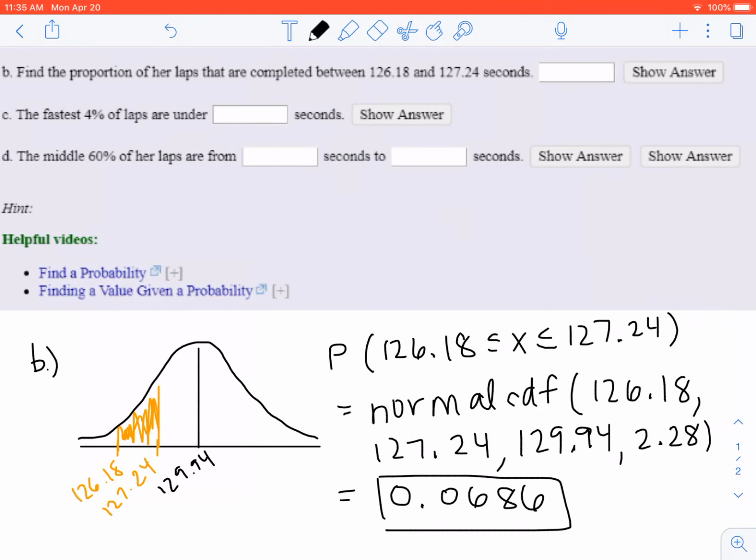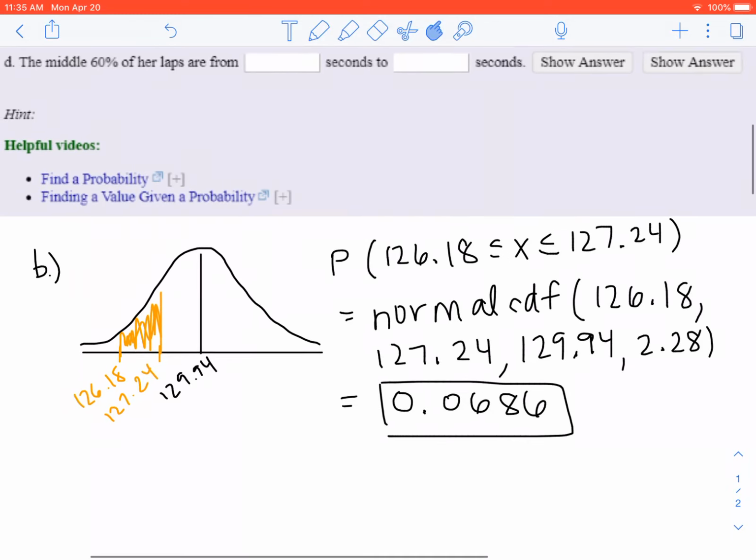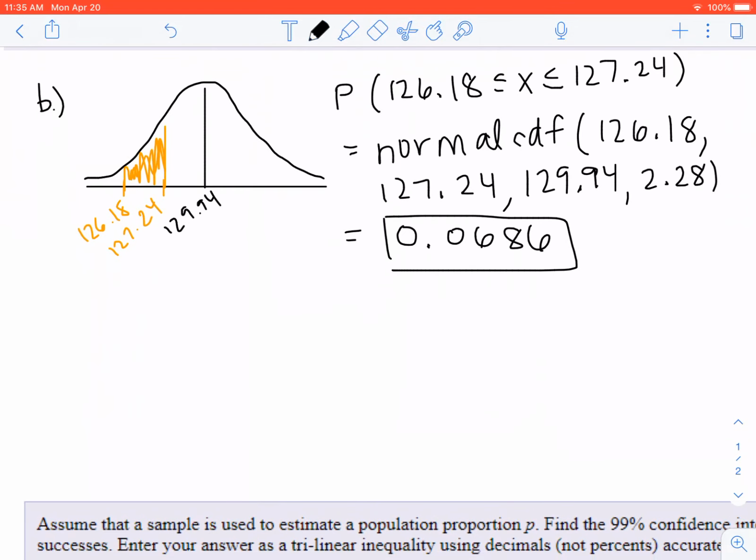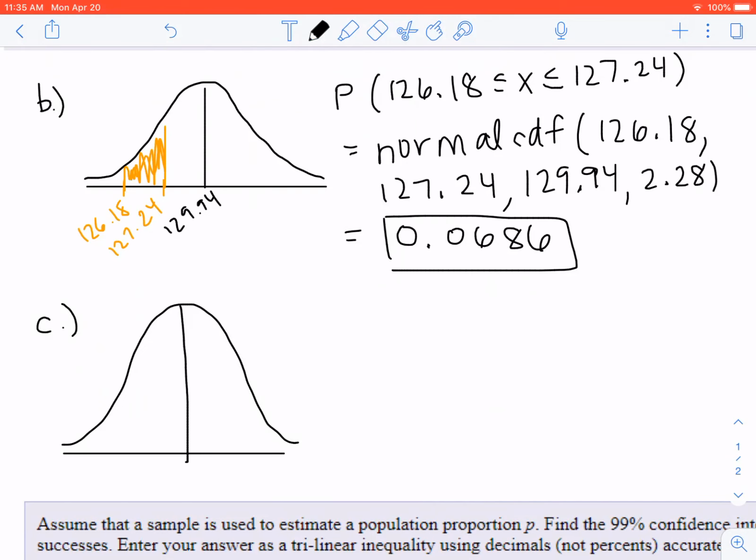Part C says the fastest 4% of our laps are under so many seconds. So we're going to go ahead and draw a bell-shaped curve for C. And again, our mean is 129.94.